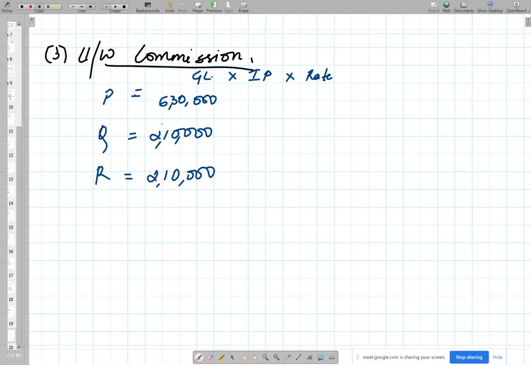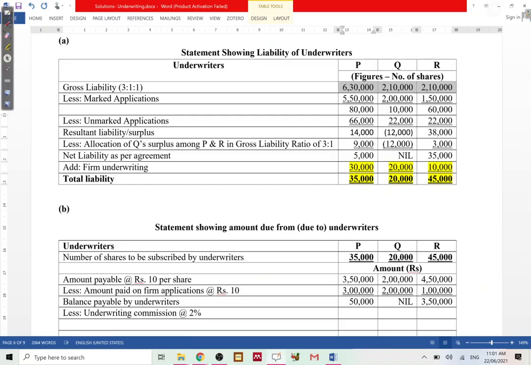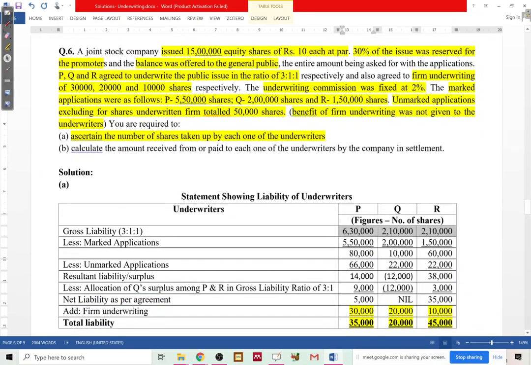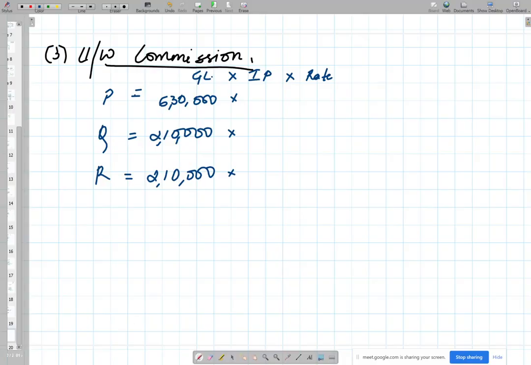Is this clear? Okay, then issue price is what? We know that the shares were sold at par, meaning 10 rupees itself, and there is no discount, there is no premium, so issue price was also 10, and at 2% we are supposed to calculate everybody's commission. Let's see how much it is.